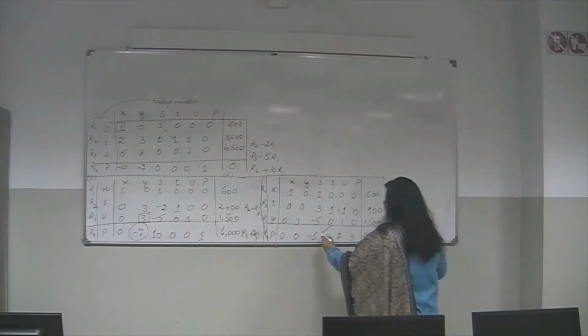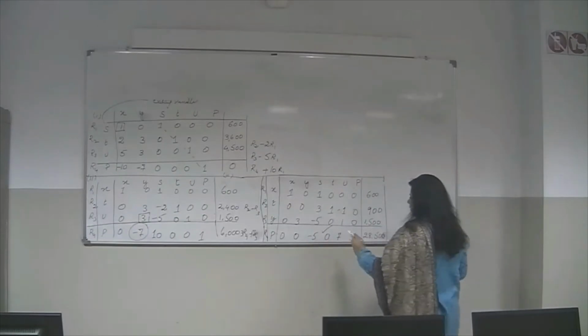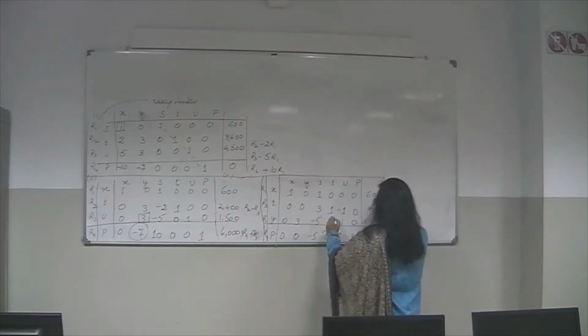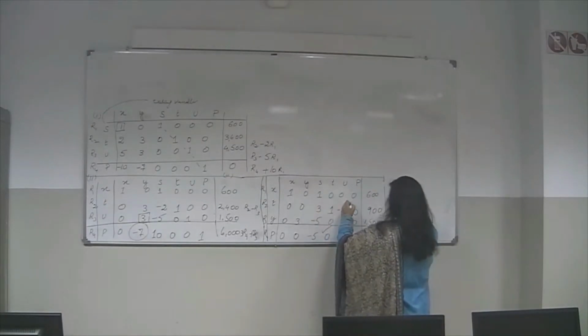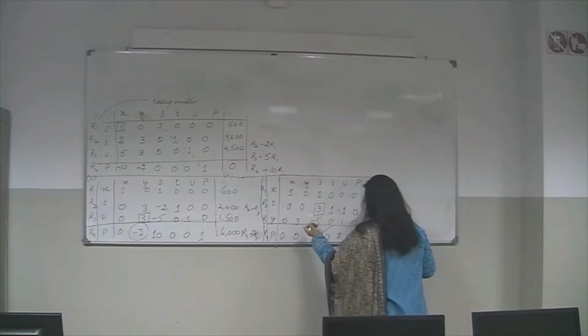So now this is going to be the main column S, and out of that, the lowest ratio we can have is 300, because 600 by 1 gives us 600, and this gives us 300. So naturally, we're going to be selecting this.